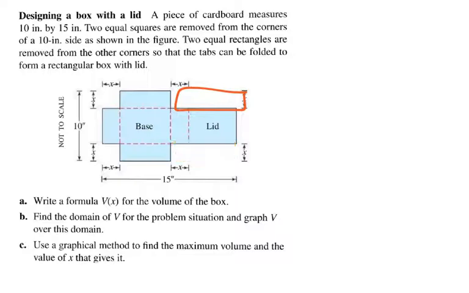So this is the shape that we're dealing with, and we're cutting this out of something that was originally 10 by 15, and we want to maximize the volume of this box so we can maximize our contents.